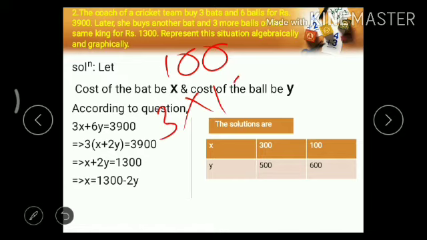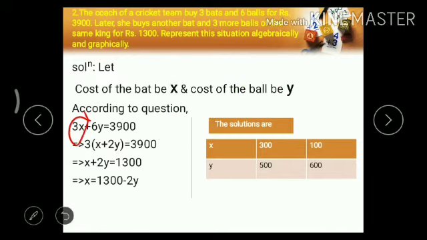But we cannot take any particular number, that is why we have taken x, so 3x will be the cost of 3 bats. And the cost of 1 ball is y, so the cost of 6 balls will be 6y.